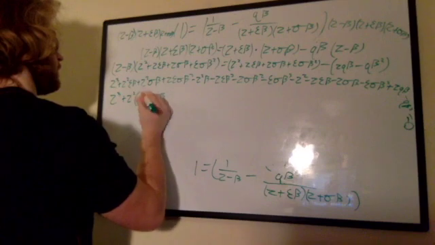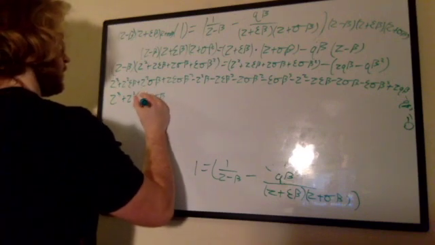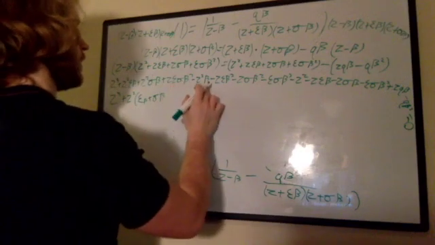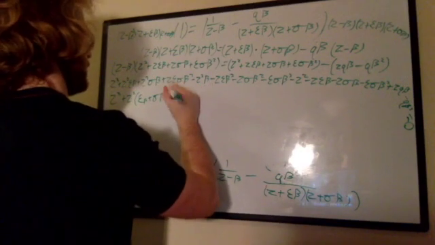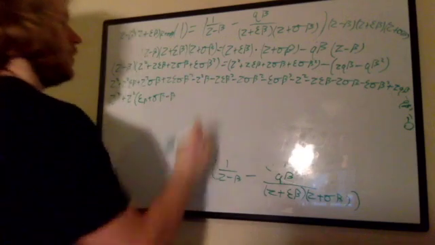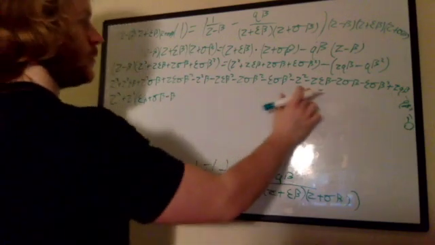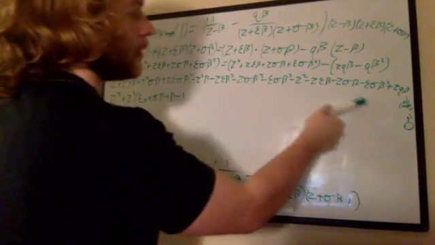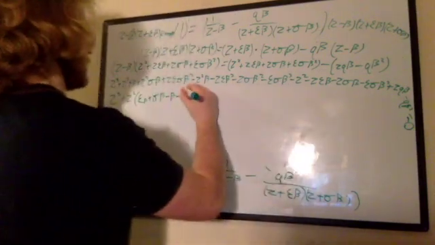Squared epsilon beta, like so. And then we got another z squared over here, so that's going to be a minus beta. Let's see, do we have any more? Yep, we got a minus 1 right there. And that looks like it does it for our z squared terms.